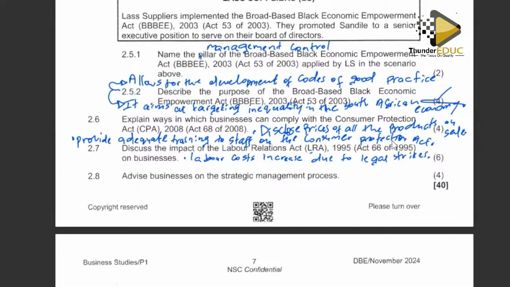And also, we are saying that it protects the rights of businesses in labor-related issues.